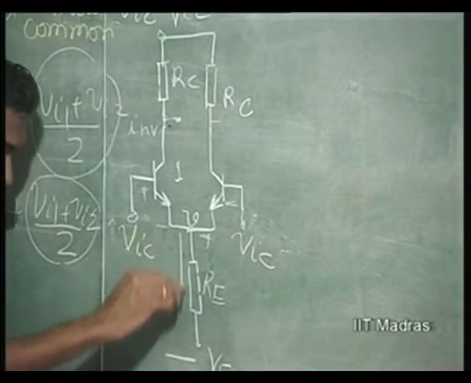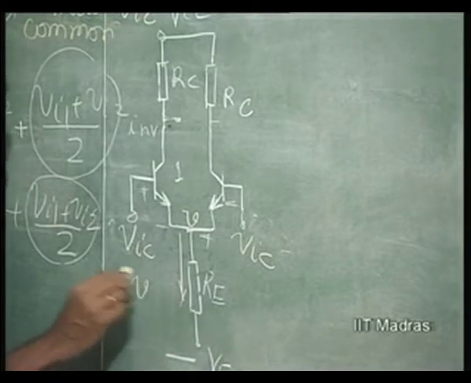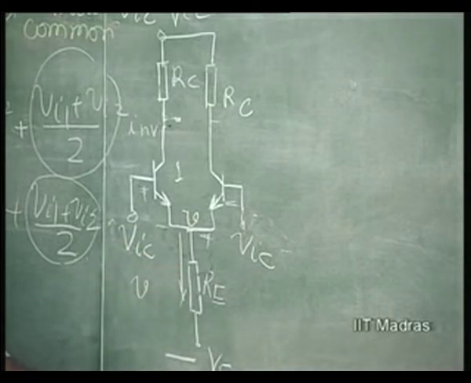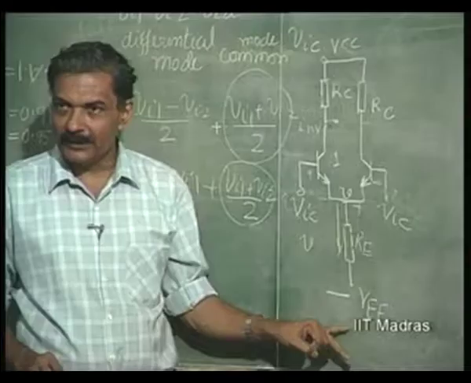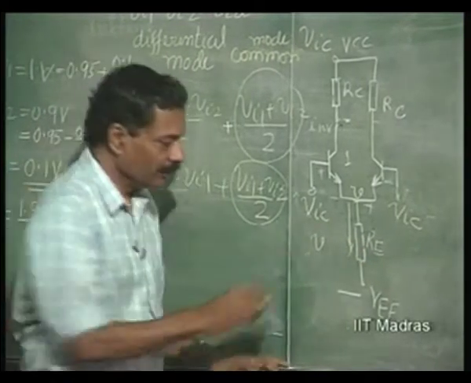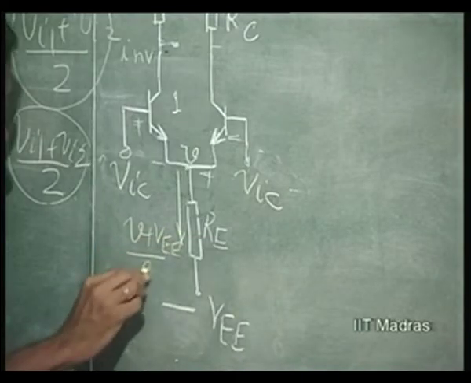And this current is going to be, let us say, V minus VEE, that is, V plus VEE divided by RE. Is this clear? V plus VEE divided by RE.